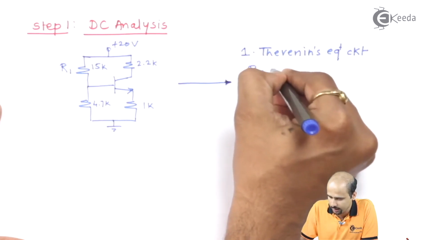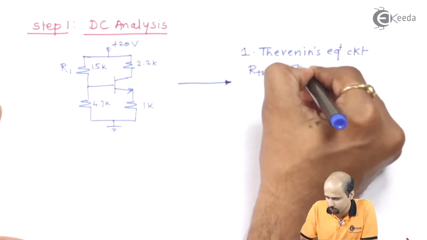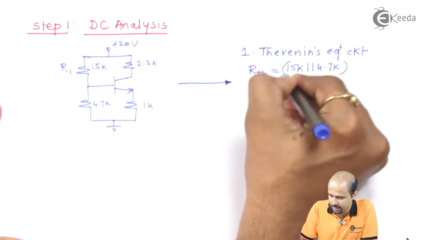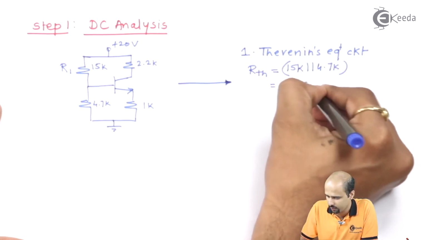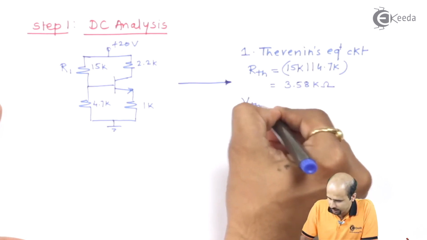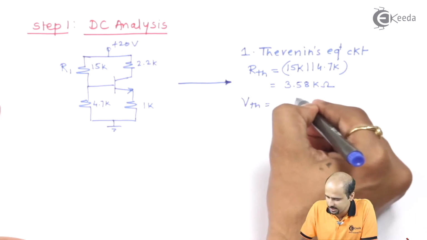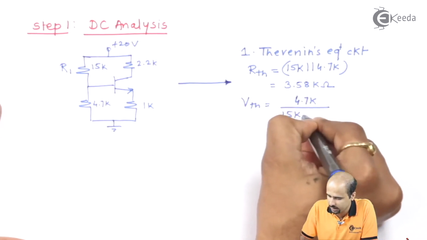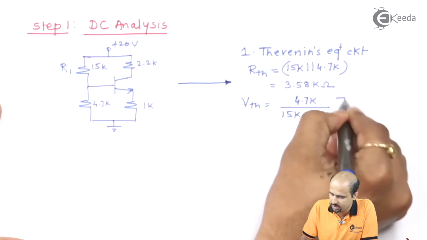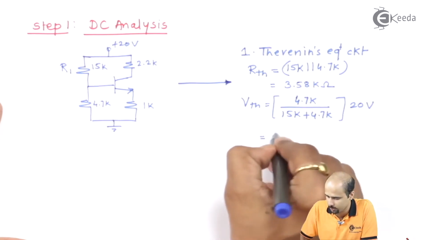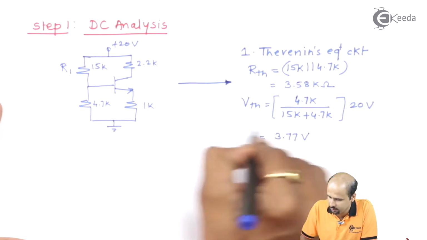From Thevenin's equivalent circuit we will get the value of RTH. RTH is nothing but 15K parallel with 4.7K, and that comes out to be 3.58 kilo ohm. Then we have to find the value of VTH. VTH is 4.7K divided by 15K plus 4.7K, the whole multiplied by 20 volts. This value comes out to be 3.77 volts.